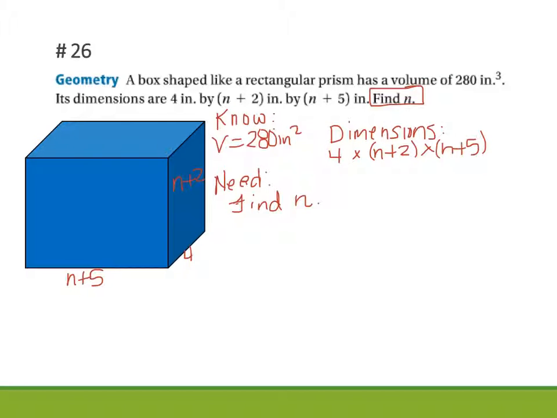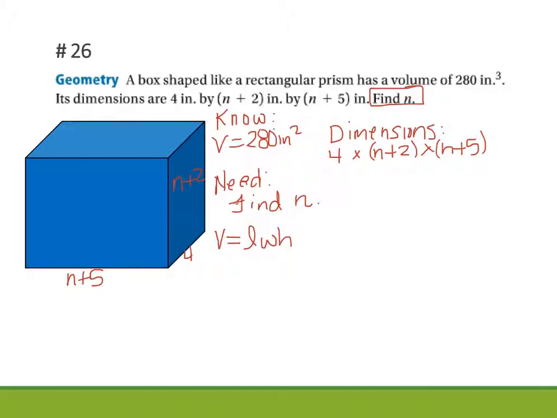And we also know the volume. So what is it that connects the volume to the dimensions? Well, it's a formula. So we can use the formula volume equals length times width times height to enable us to solve and find the value of n.